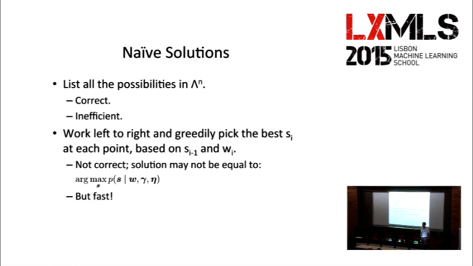Yes? Has anybody ever investigated how far off this incorrect solution actually is? Because if it's close enough most of the time, just go with that. So probably not this super naive version, but there's a variant of greedy search called beam search, where you keep a few candidates as you go, and it often does quite well. Particularly when you have a lot of states.